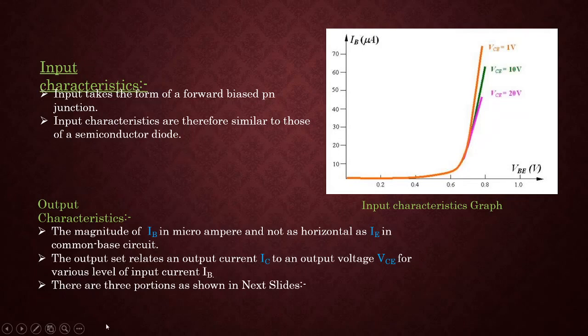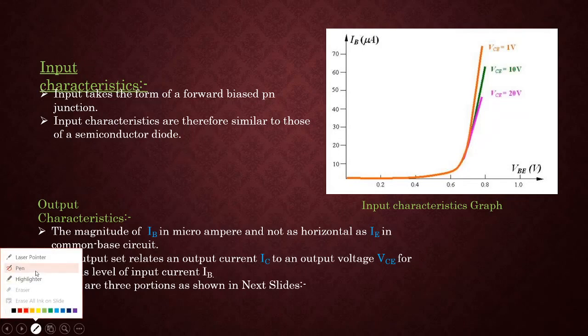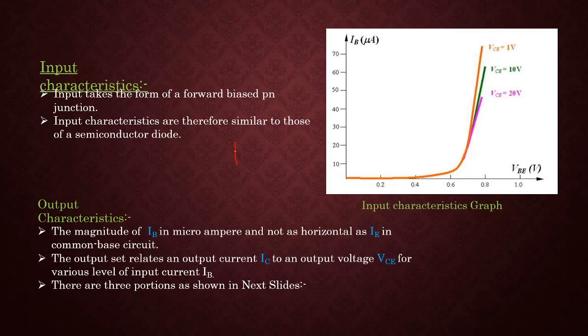For the common emitter configuration, the emitter terminal should be common for input and output. This is the input at the base terminal, and this goes to the output, and the emitter is common. The voltage between these terminals is VBE, and the current of the base is the IB current.